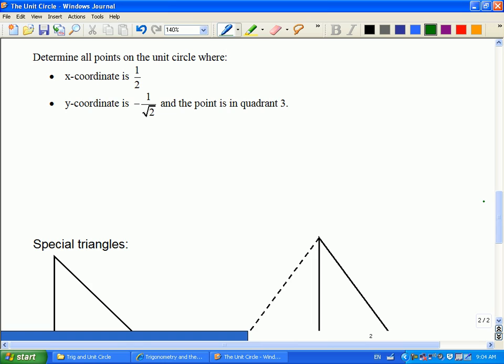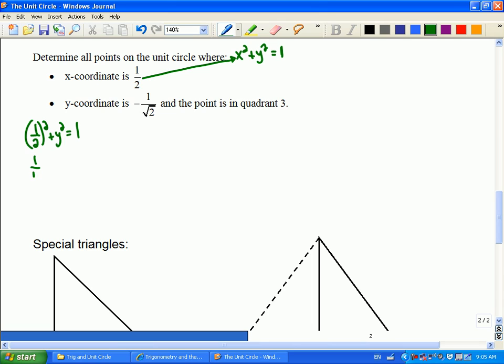Okay, so there's a couple strategies that we could talk about. The first one is, if you know this is going to be on the unit circle, then this is another thing that we have at our disposal. So I can use the x coordinate in there and figure out what the y values should be. So one way I could do it is go 1/2 squared plus y squared is equal to 1.